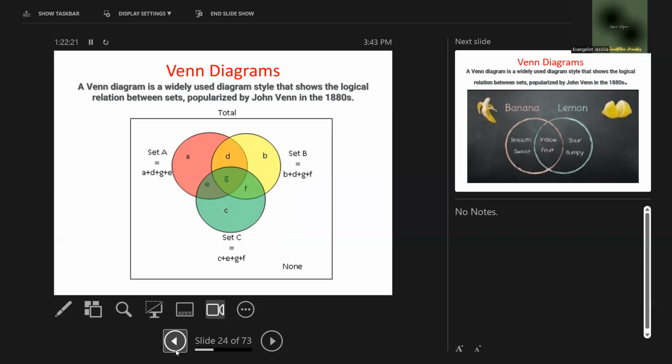As you can see, for example, these three circles, A, B, and C. Set A is the members of A plus D plus G plus E. So you have that first circle, A, D, G, and E, okay? When I say set A, it has this part, that part, that part, that part. Set B has B, F, G, D. Set C has C, E, G, F.